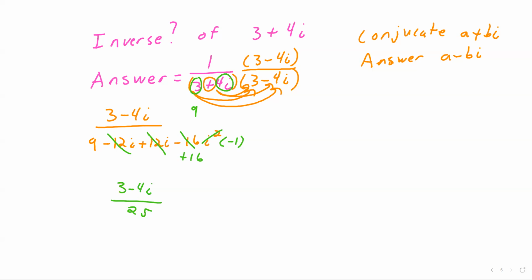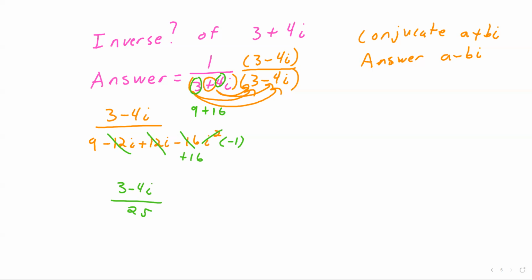Don't look at the i. What's the 4 squared? 16. What's 9 plus 16? 25. That works out every single time. If you don't see it, keep doing it until you finally see the pattern.